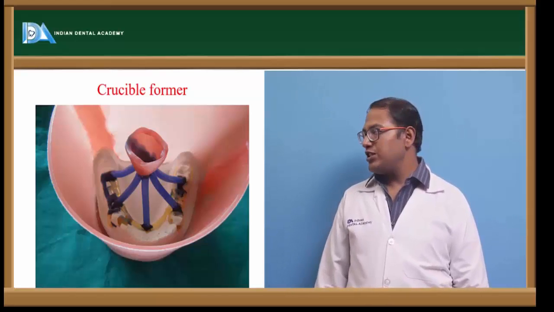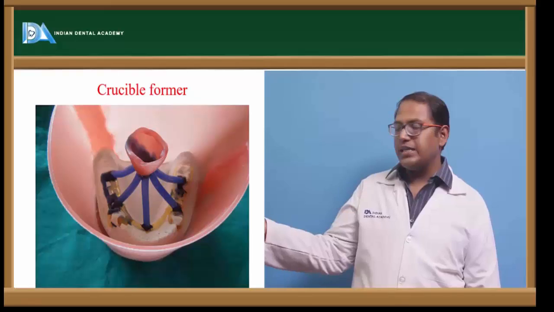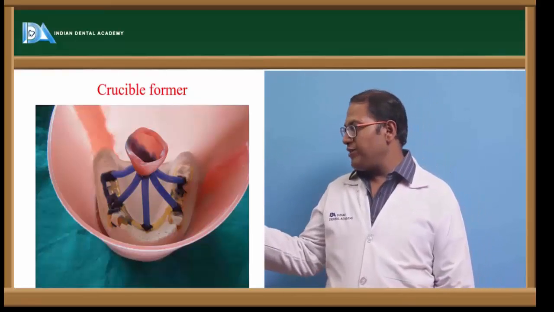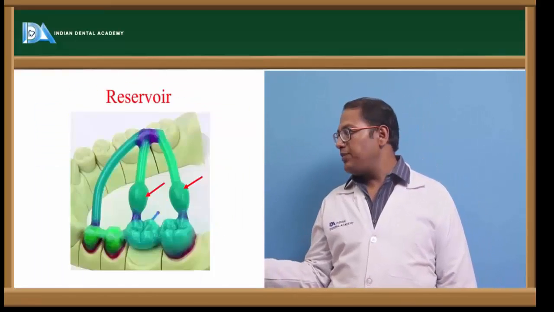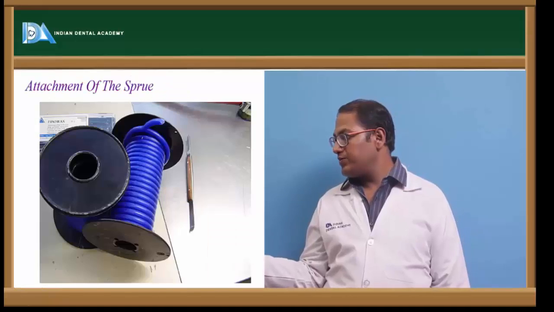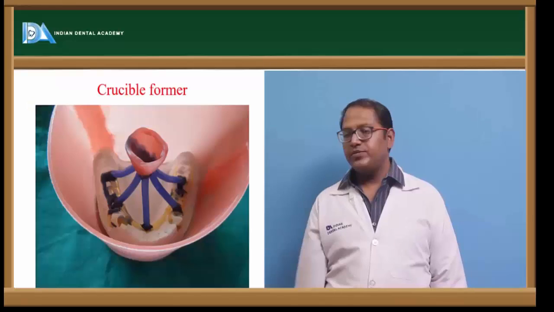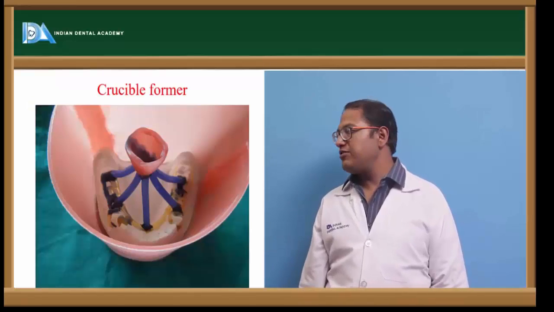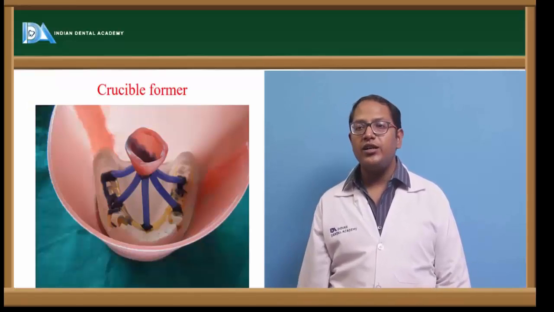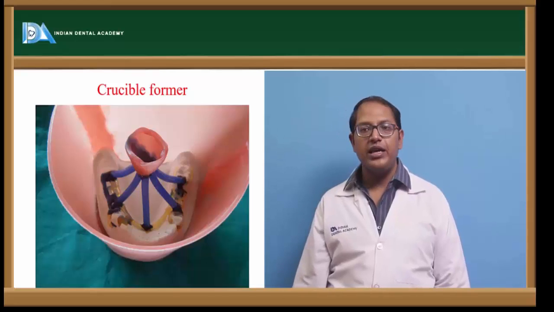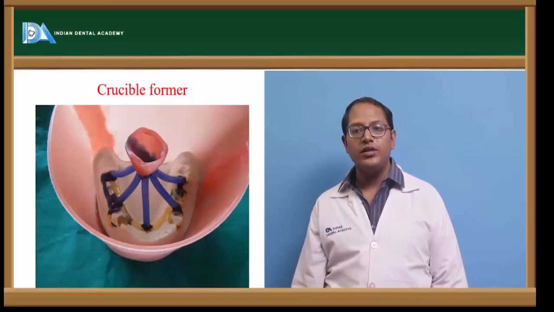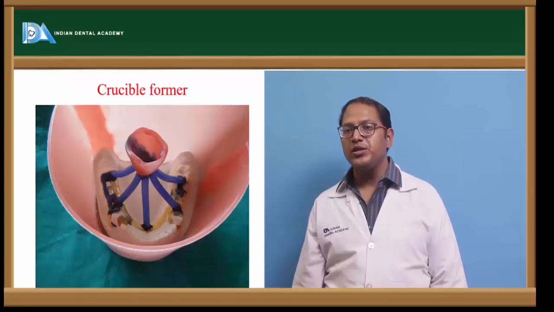It helps to position the wax pattern near to the end of the casting ring without increasing the length of the sprue which we are using. Like this is without a casting ring, though I have adapted wax all over. The earlier pictures had a casting ring all along.